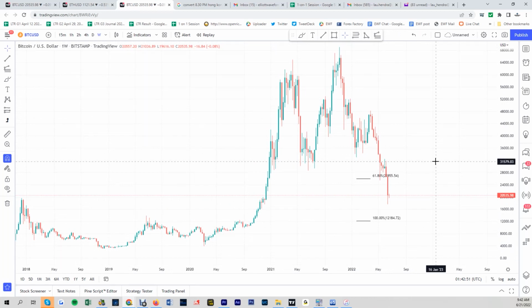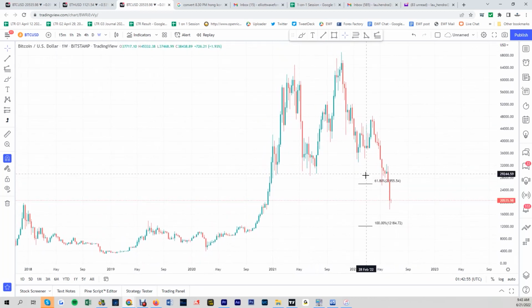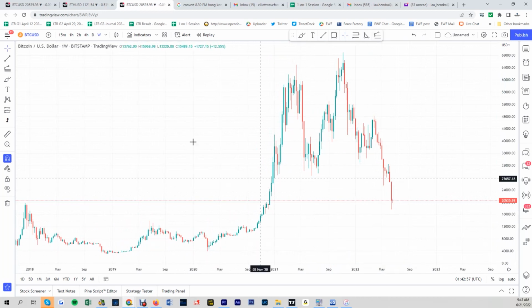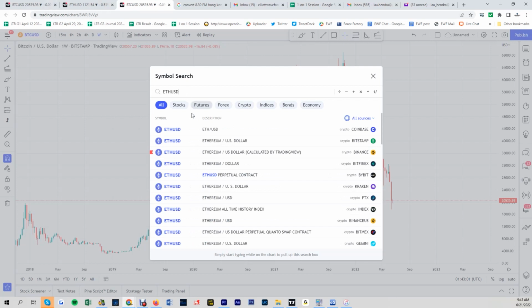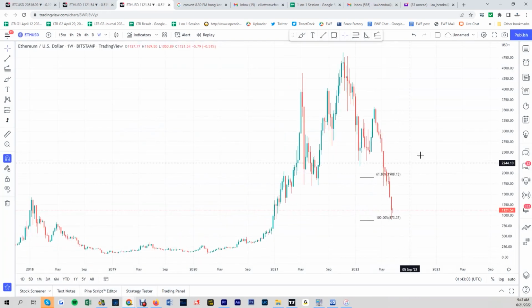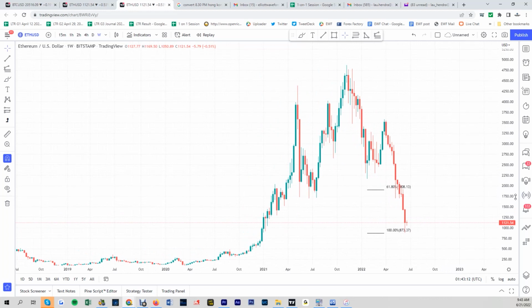There's no such thing as an exact level. It's always going to be an area, and therefore most likely for Ethereum we still cannot rule out the downside in the near term. There's no sign whatsoever that we have already bottomed, right? So there's no point in trying to pick the exact low here.